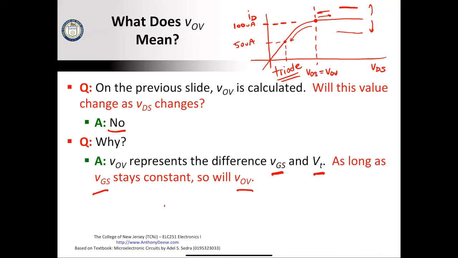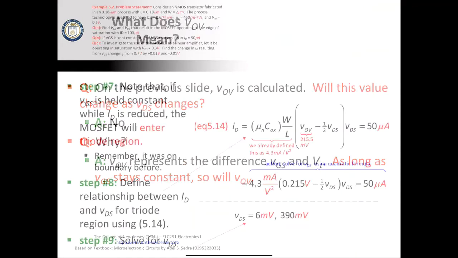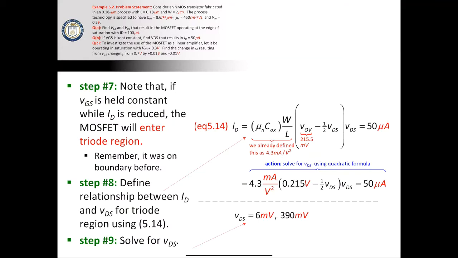So we know that we're moving to triode. As such, the equation we have here is the one for the triode region of operation. And now we're going to set this equal to 50 microamps.